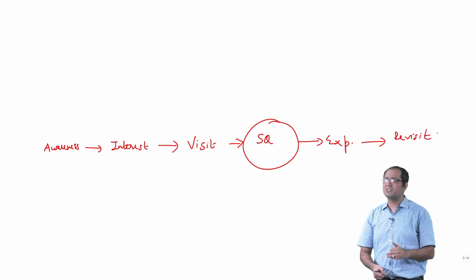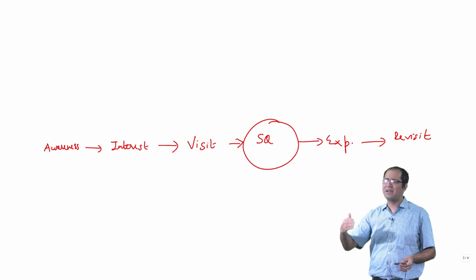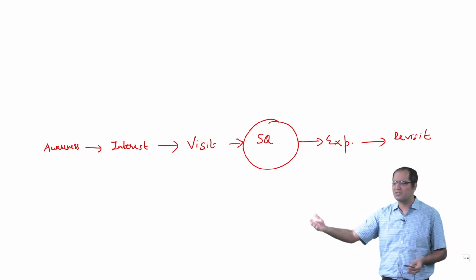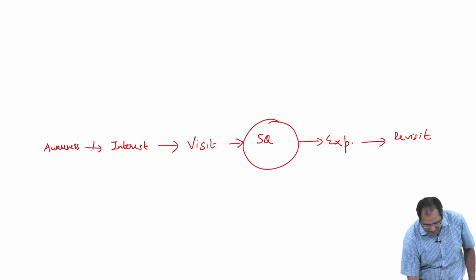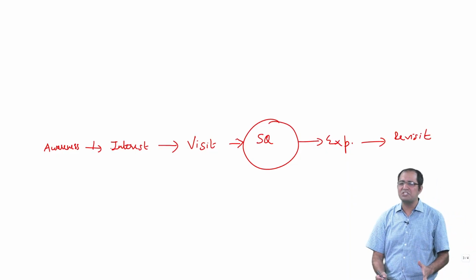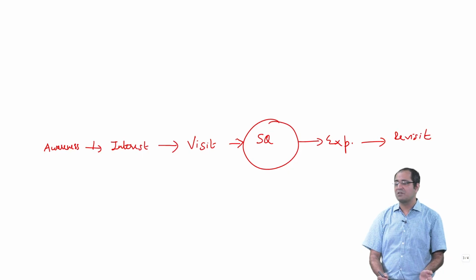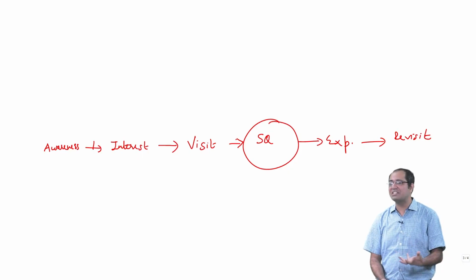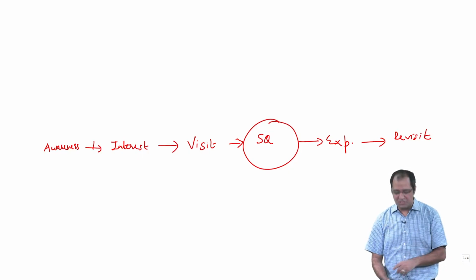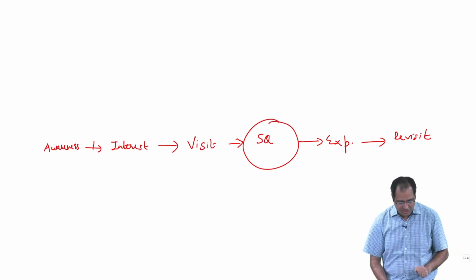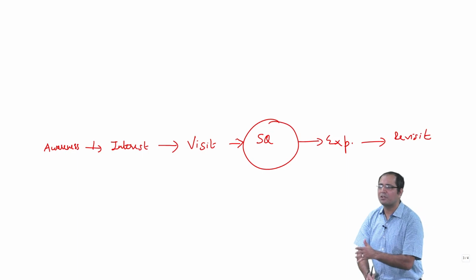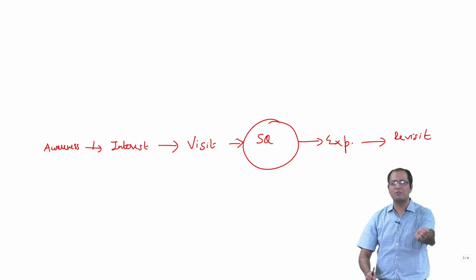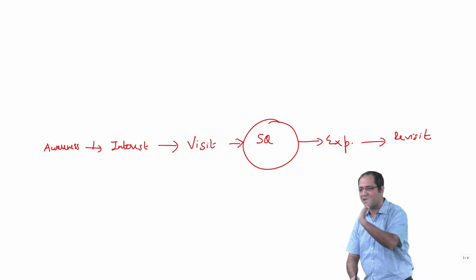Now in this case, I am just writing steps that you would know: awareness, interest, desire and action, right? This doesn't mean awareness leads to interest. Awareness is necessary for interest, but awareness itself doesn't lead to interest. So this is just a process. I have not written a theory. It is just a stepwise process. So the marketer has to move people from awareness to interest to desire to action, right?